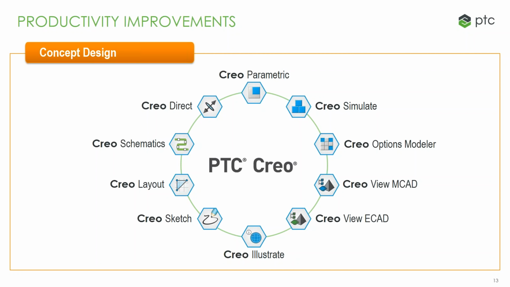We started this journey in Creo 3 working with our partners to add capabilities such as mold simulation. And those were built as extensions to Creo Parametric. But in Creo 4, we see the realization of this vision to build apps as well.